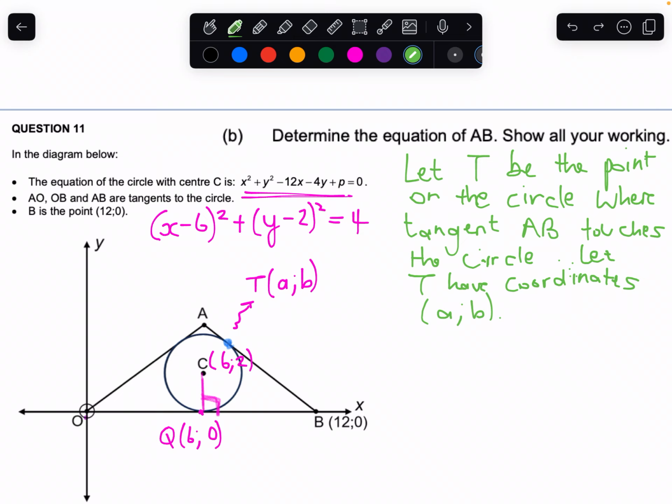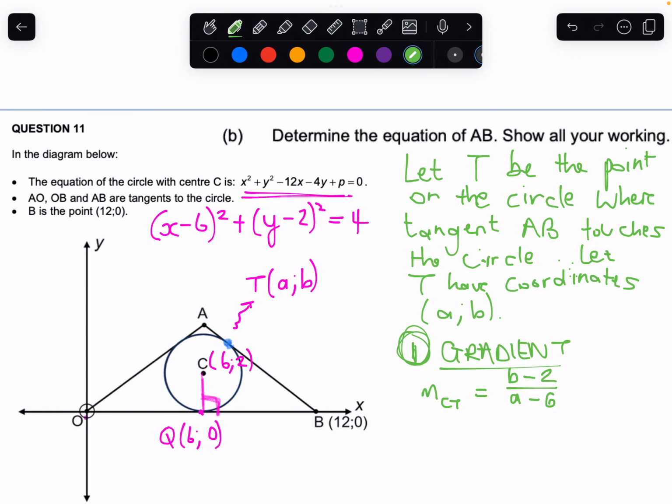So let me start by writing down the gradient relationship. So I'll say number 1, gradient. Okay. We know that the gradient of CT can be expressed as b minus 2 divided by a minus 6, right?